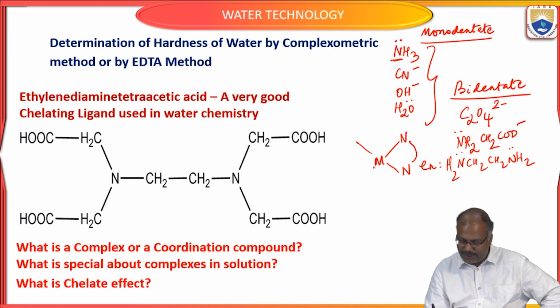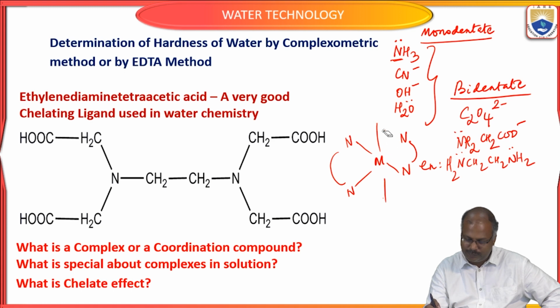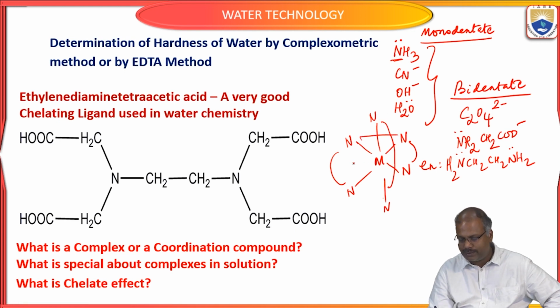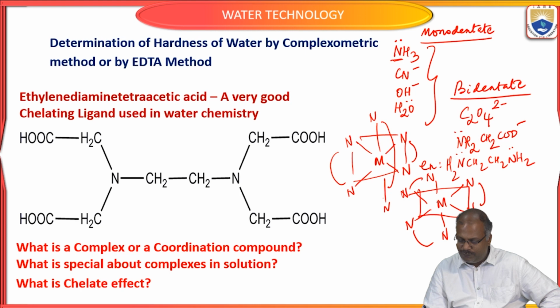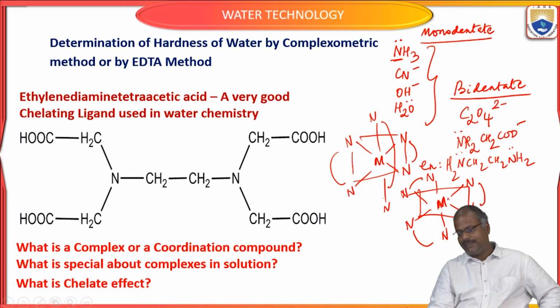So it can bind like this, or in several other ways. Binding means the nitrogen lone pair goes and forms a coordinate covalent bond with the central metal atom.